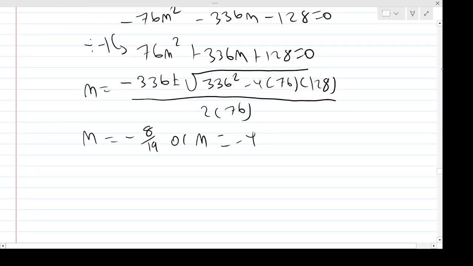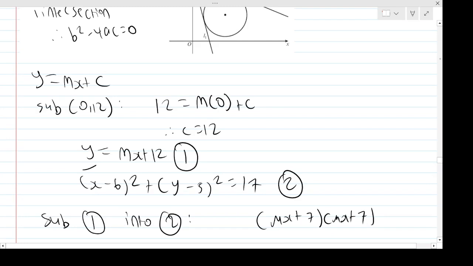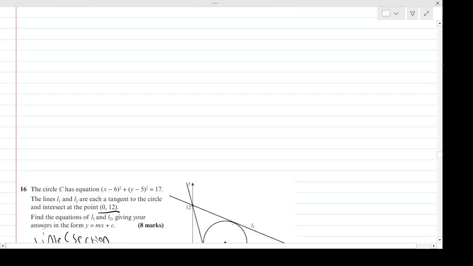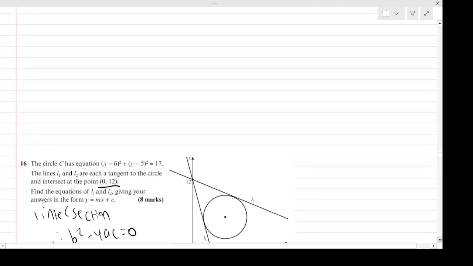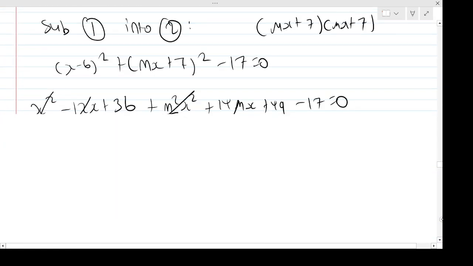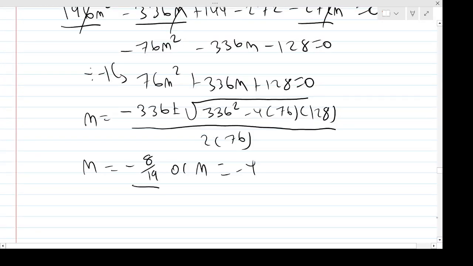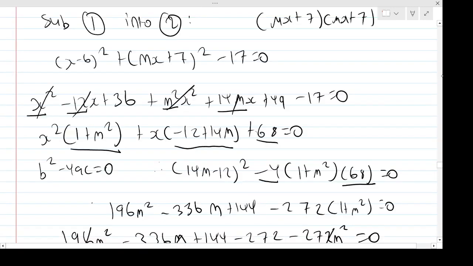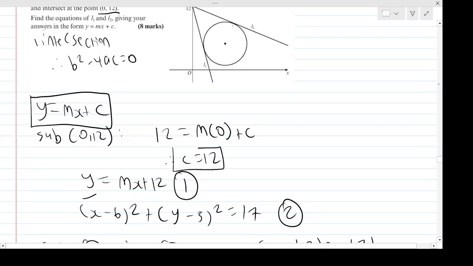Okay, so that's the two values of m, but those correspond, remember, to the equation of the tangent. But obviously there's two tangents, so there'd be two different gradients, right? We got the two gradients, it's minus 8 over 19 and minus 4. So therefore, because we know what c is, it was 12.